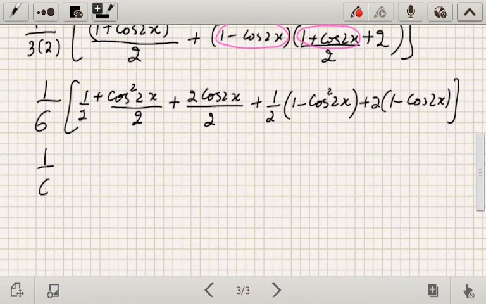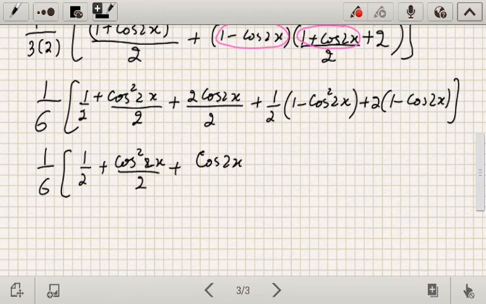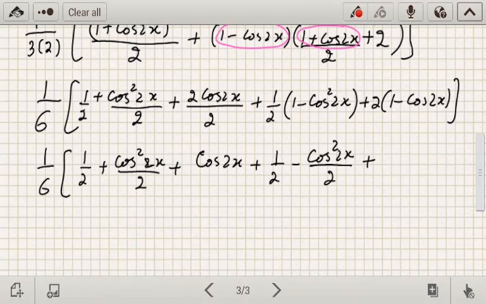Similarly 1 over 6 into 1 over 2 plus cos square 2x divided by 2 plus cos 2x plus 1 over 2 minus cos square 2x divided by 2 plus 2 divided by only 2 minus 2 cos 2x, right?